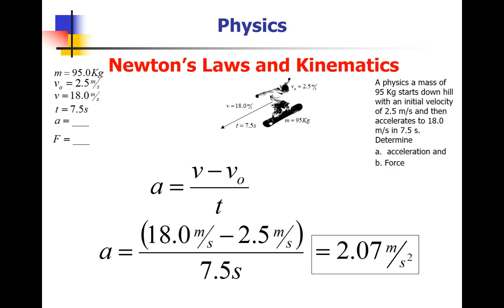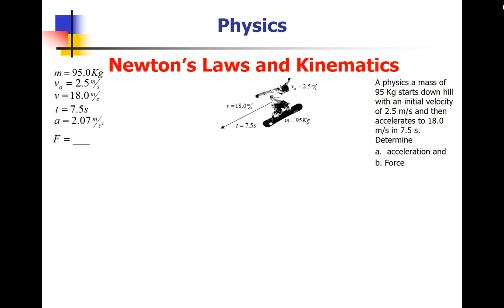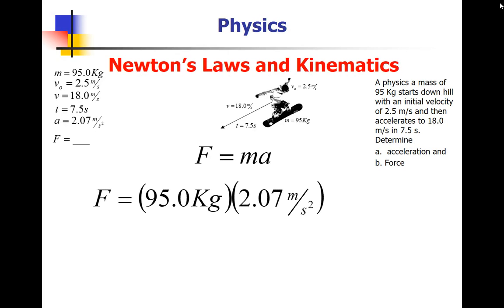But what was the force pulling that student down the hill? Well, for that, the deceptively simple Newton's second law, F equals ma, the mass and the acceleration, go.